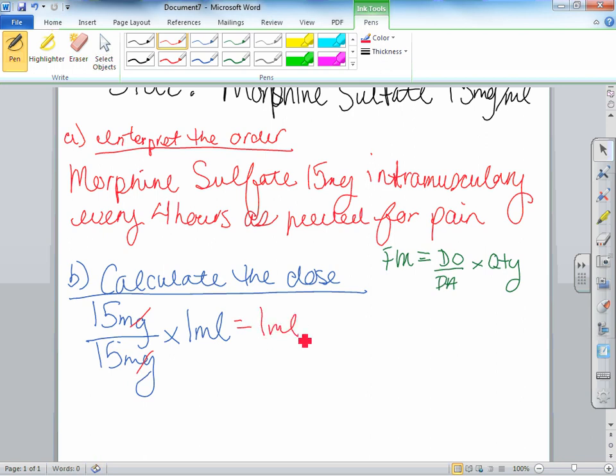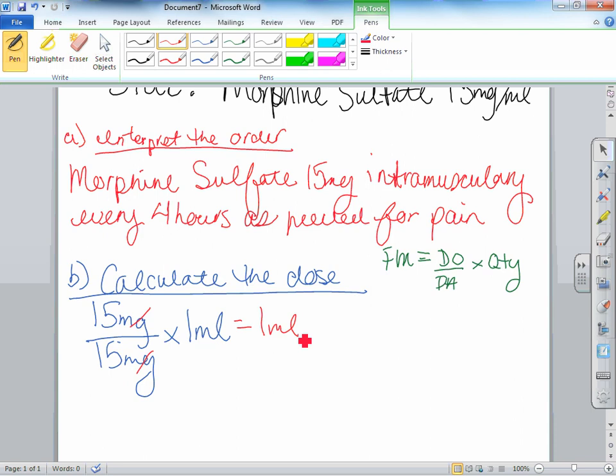1 milliliter. Something that I want you guys to keep in mind is that if you're using the formula method, your dose ordered and your dose available have got to have the same units. So if you're confused as to what's the quantity and what's your dose available, your dose available should be the same units as your dose ordered.